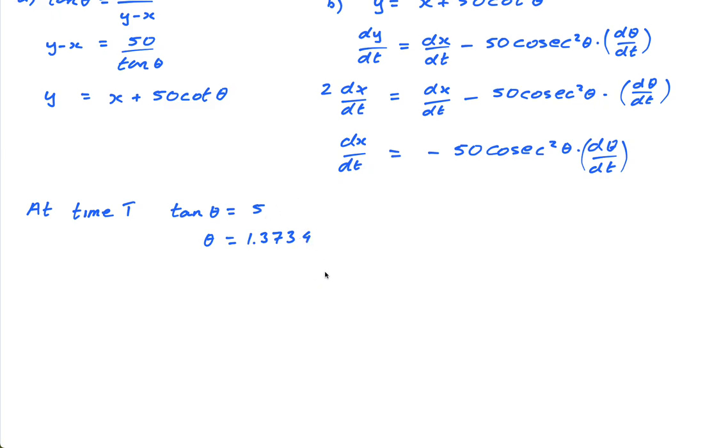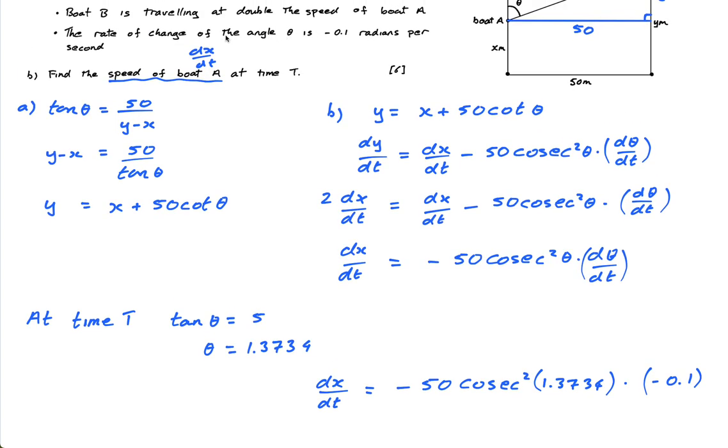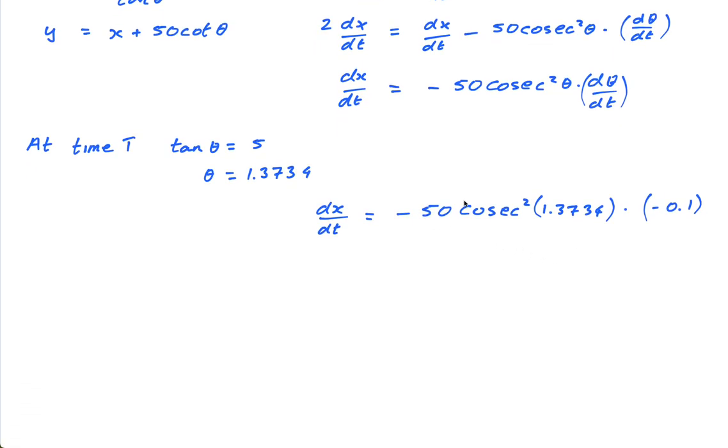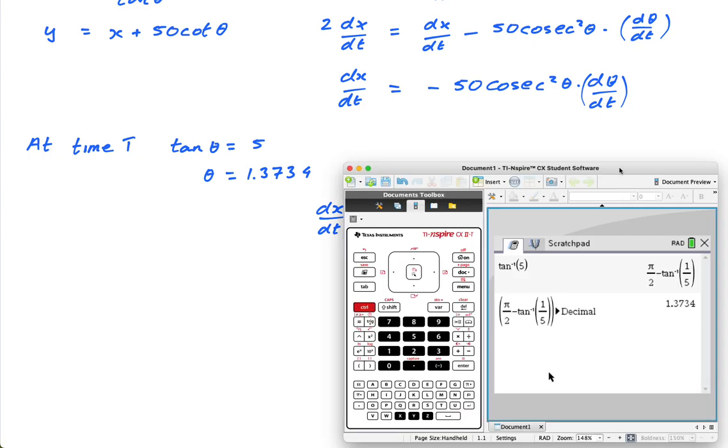So dx dt, which is the speed, is equal to minus 50 times cosec squared of 1.3734 times minus 0.1, because they give us the rate of change of the angle theta. So the rate of change of the angle theta is d theta dt. So this is my speed, and now I can just put all of that straight into my calculator.